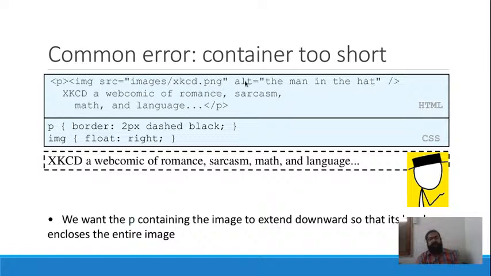The man in the hat is the alternate text, and the content in the page is xkcd is a webcomic of romance, sarcasm, math and language. So here we want the p containing the image to extend downwards so that its border encloses the entire image.